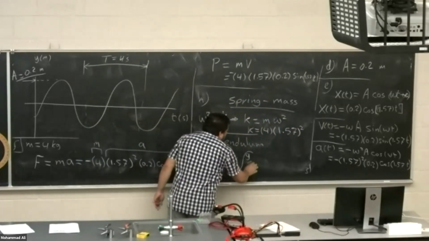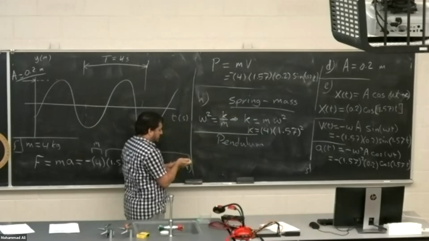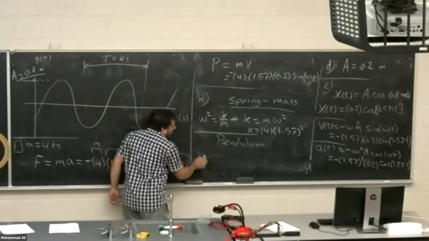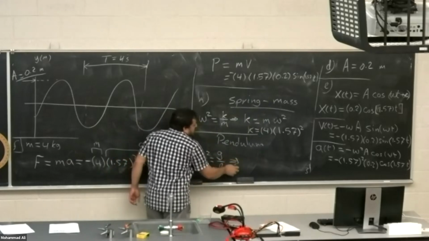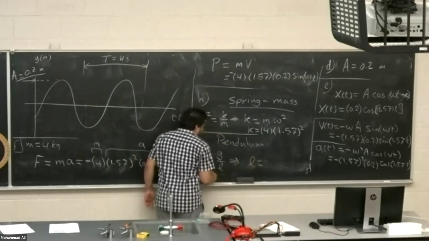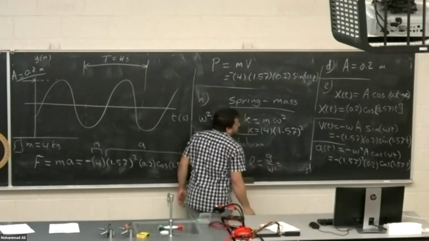From here, if we have a pendulum system, we have omega squared is equal to G over L. From this, L is equal to G over omega squared. G is known.